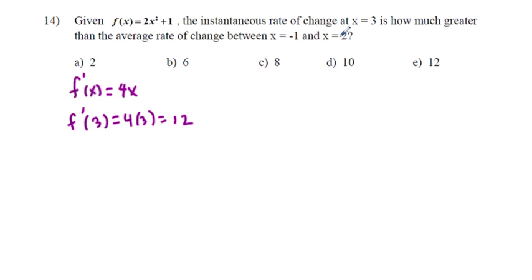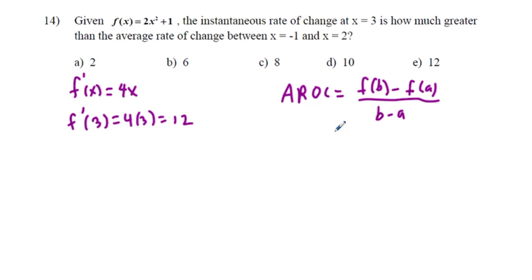So that's our instantaneous rate of change, and then we're going to subtract the average rate of change. Well, the average rate of change equals f of b minus f of a over b minus a. And so in this instance, we have, let's say, between negative 1 and 2, right? f of 2, that's going to be f of b, right?